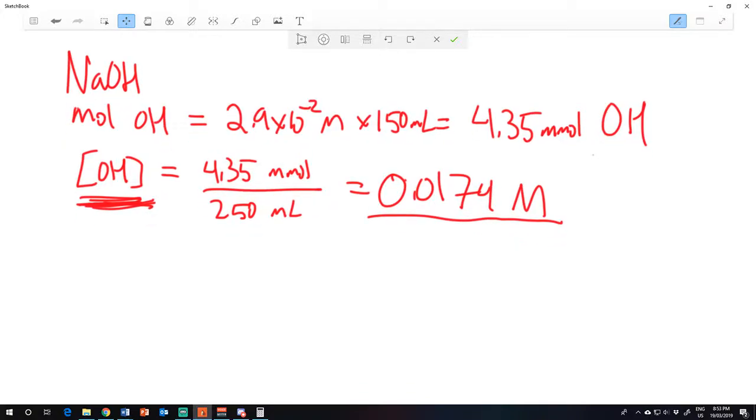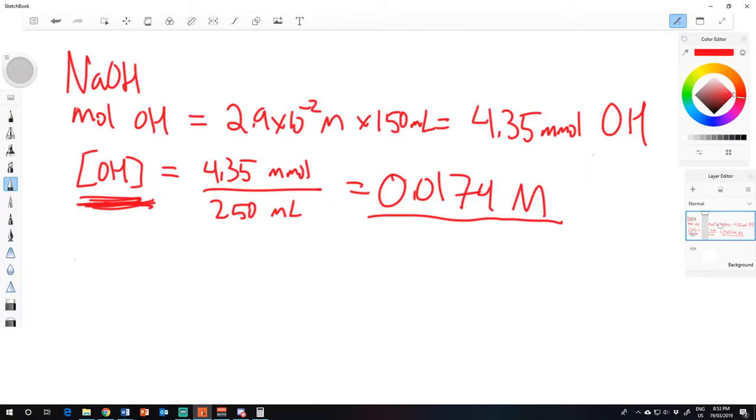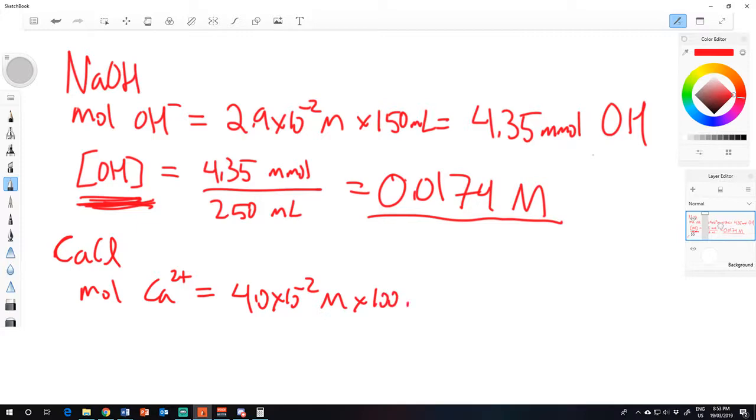And then if we finish the problem, I just lost the question. We need the concentration of calcium. So from the calcium chloride, we can calculate the moles of calcium as follows. Moles of calcium will be 4.0 times 10 to the negative 2 molar times 100 milliliters.